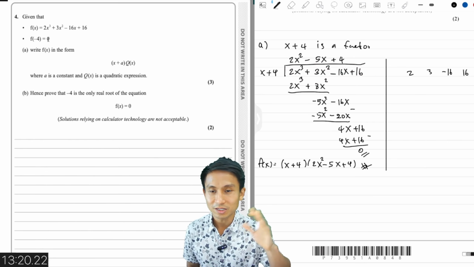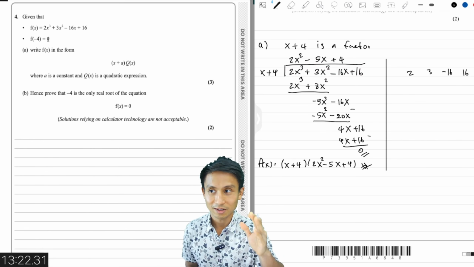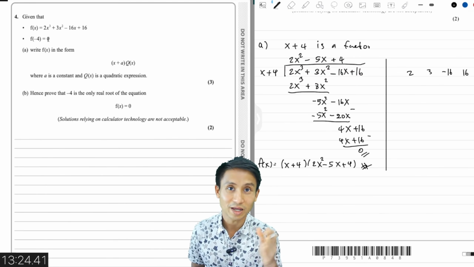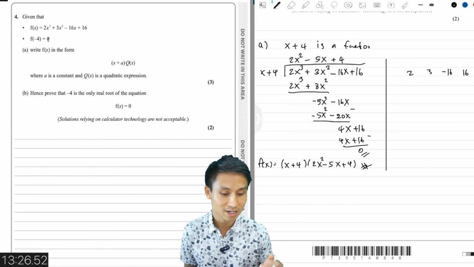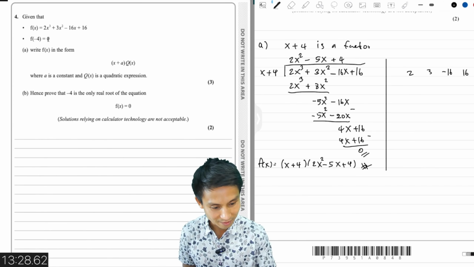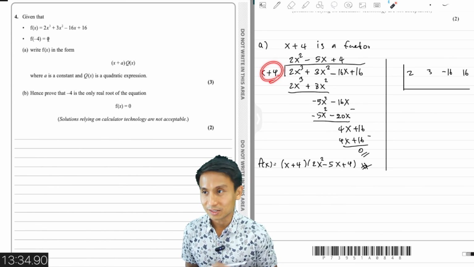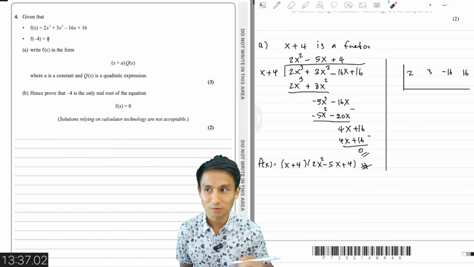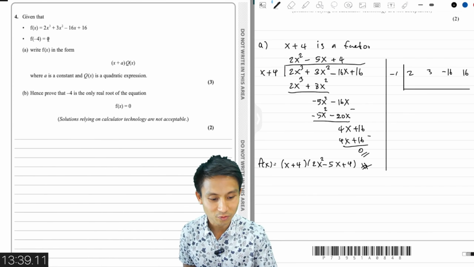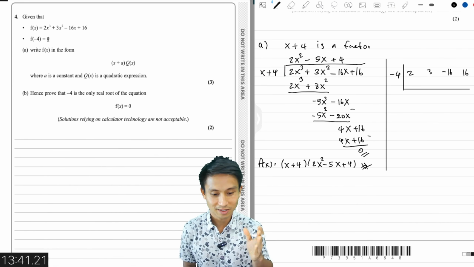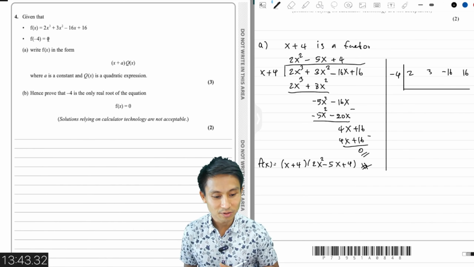If there are missing terms, like let's say there wasn't a 3x squared, you got to put in 0, just like you do in long division. And instead of a division sign like that, I'm going to do it like this, flipped the other way around. Now the divider is not going to be x plus 4, it's going to be minus 4. So you take the critical value instead of the actual number there.